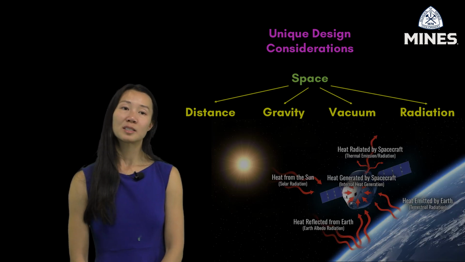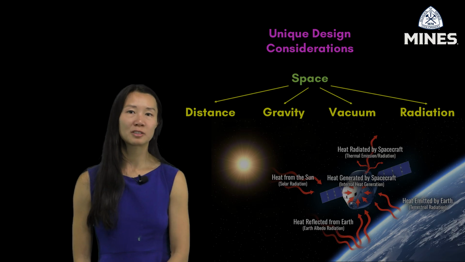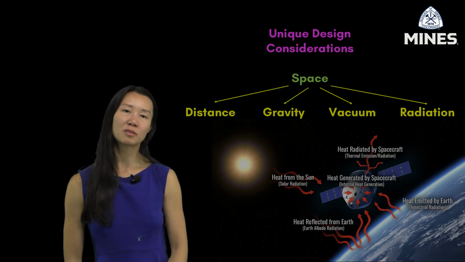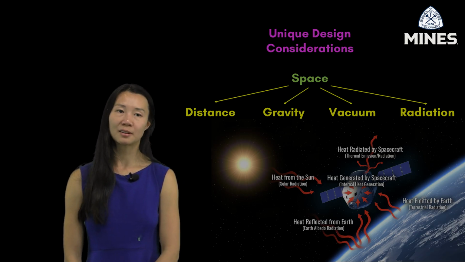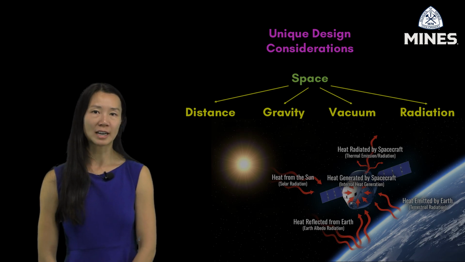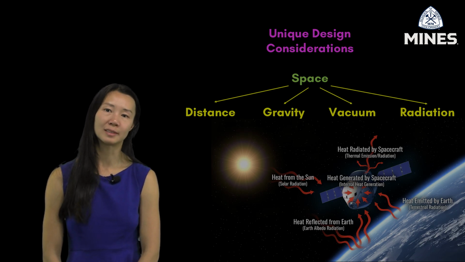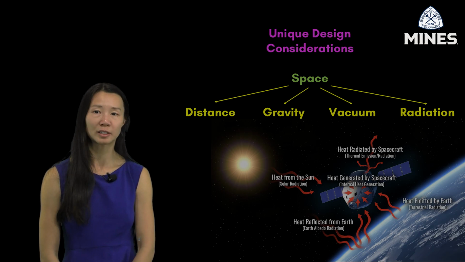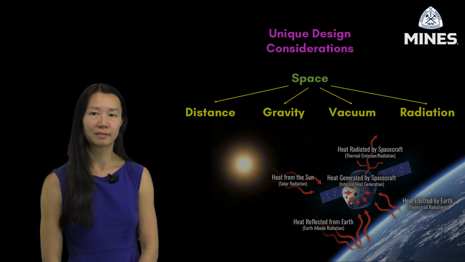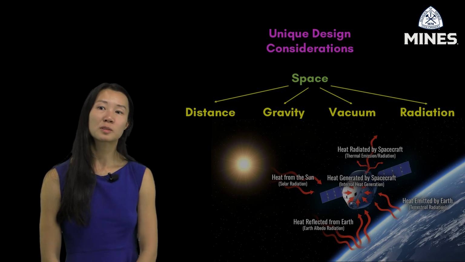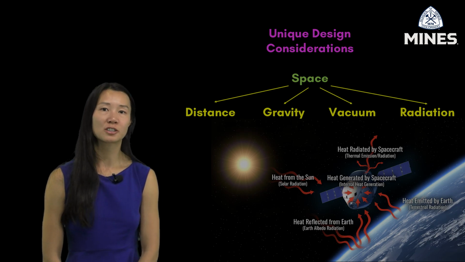Space's vacuum environment differs from Earth's atmosphere in that heat is transferred differently. Here on Earth, we can rely on convection, or the transfer of heat through fluids. In vacuum, robots cannot rely on convection. Instead, spacecraft can only rely on conduction and radiation.